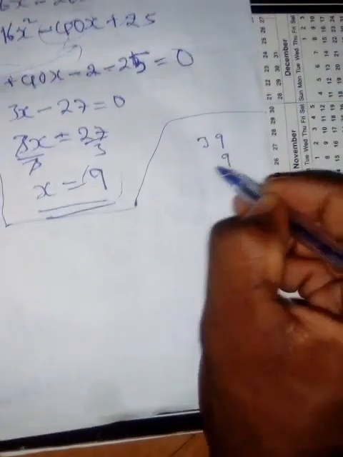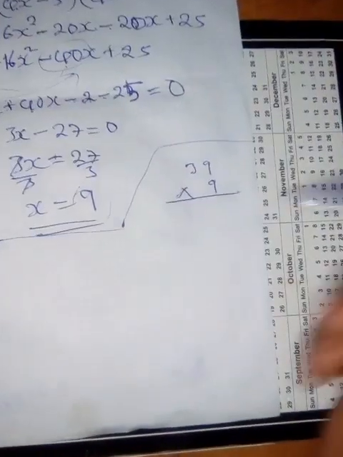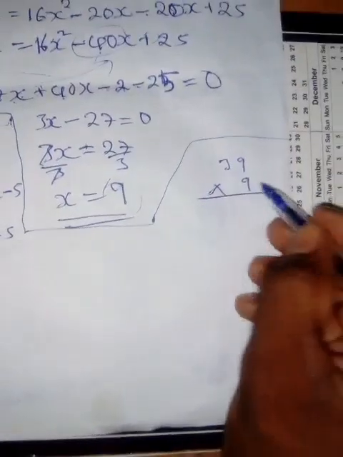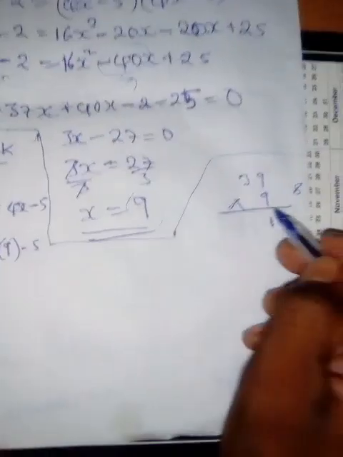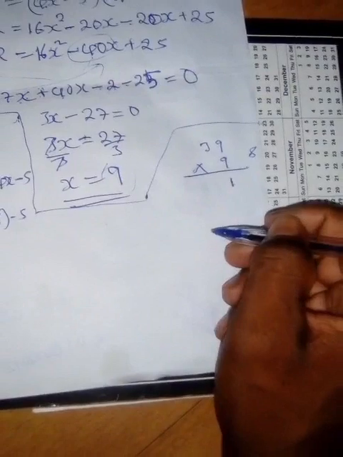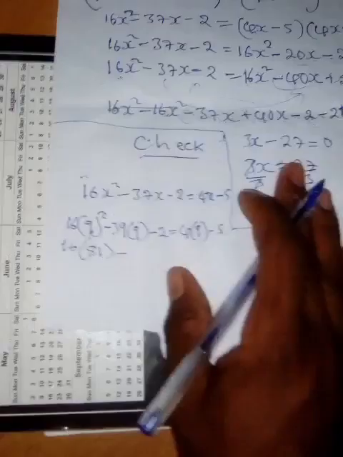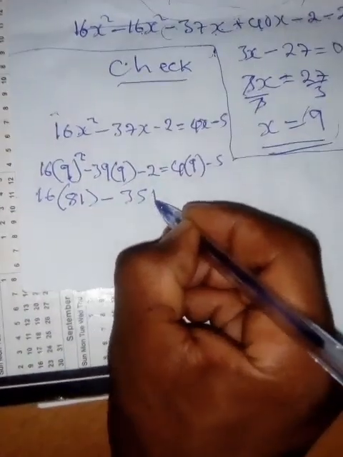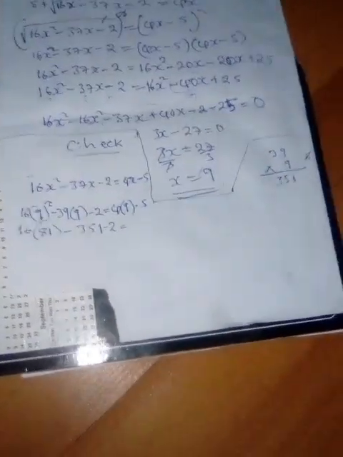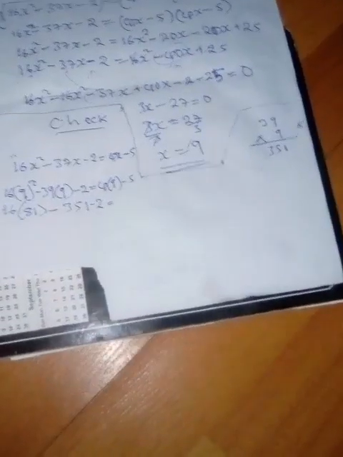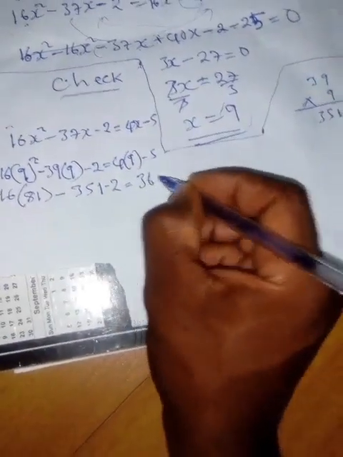We don't use a calculator, so we can use whichever way you are comfortable with. 9 times 7 is 63, I'm going to write 3 carry 6. 9 times 3 is 27, plus 6 gives us 33. So that's 333, minus 2, equals 9 times 4, which gives us 36, minus 5.